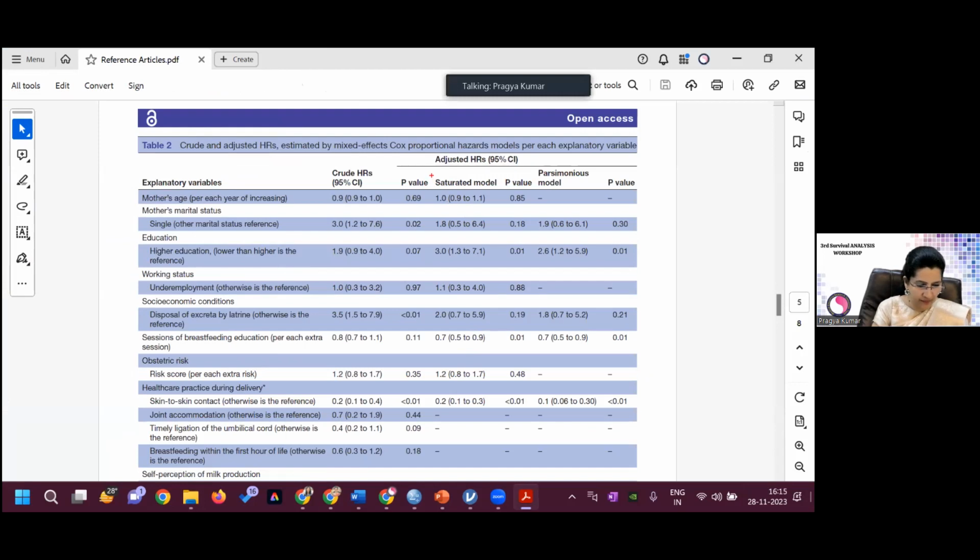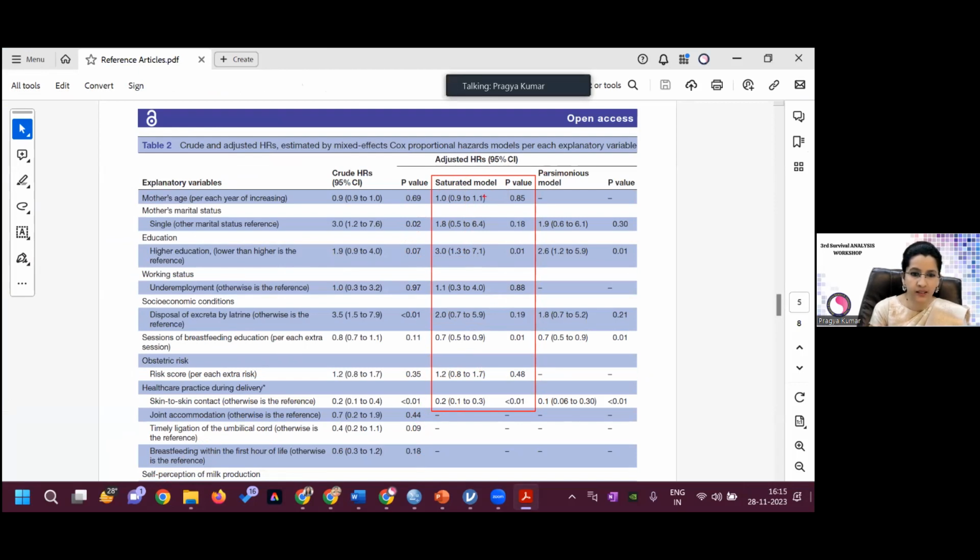That means they have taken all these variables, up till this. They have not taken these. Why? Because they have decided that for this crude HR, all the values are non-significant, so they have not taken them, like time ligation and all.